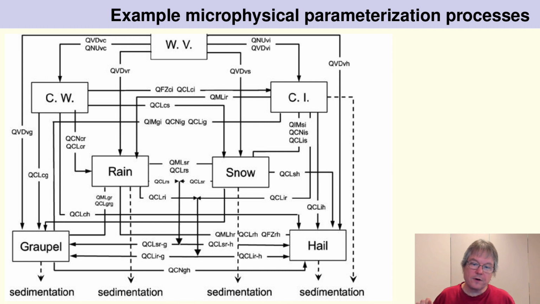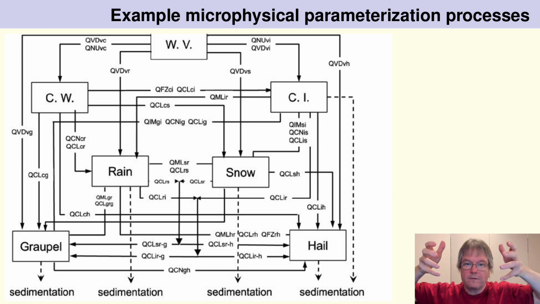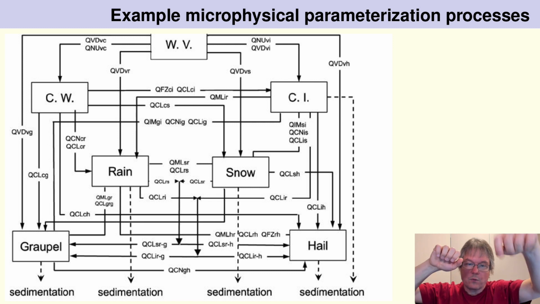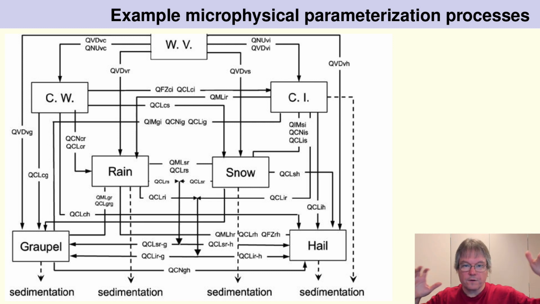For instance, if you have some water vapor in a model grid zone, and you start forming some cloud water in that grid zone, you're probably stealing from the water vapor and putting it into the cloud water bucket. And you're conserving water mass. You're just taking it from gaseous form into liquid form. So microphysics is all about keeping track of the water.